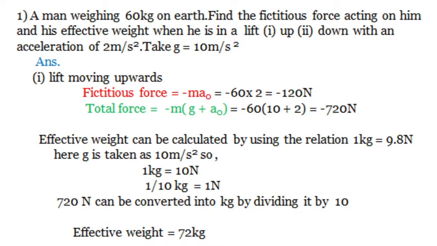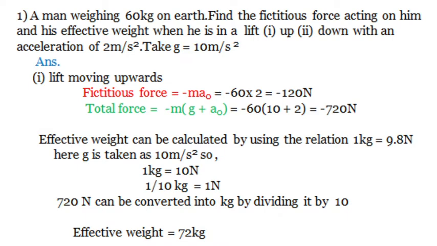In the last class we have already discussed what the equations are when a lift is moving upward and in the downward direction. A man inside this lift experiences a certain kind of force, and the expression of this force was already discussed in the last class. So first case, lift moving upwards.